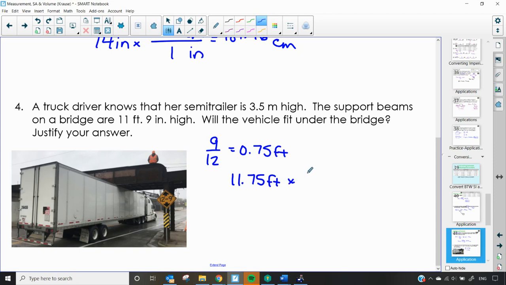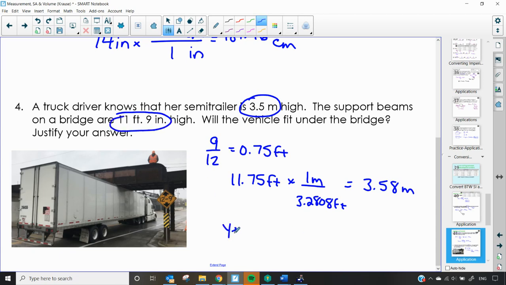And we know that there is 1 meter per 3.2808 feet. So 11.75 times 1 divided by 3.2808 gives us 3.58 meters. So her semi-trailer is 3.5 meters high. The bridge is 3.58 meters high. So she's going to make it under, but just barely.